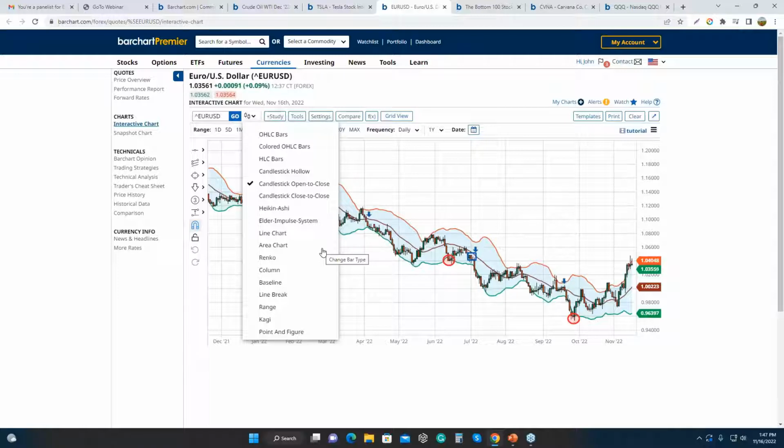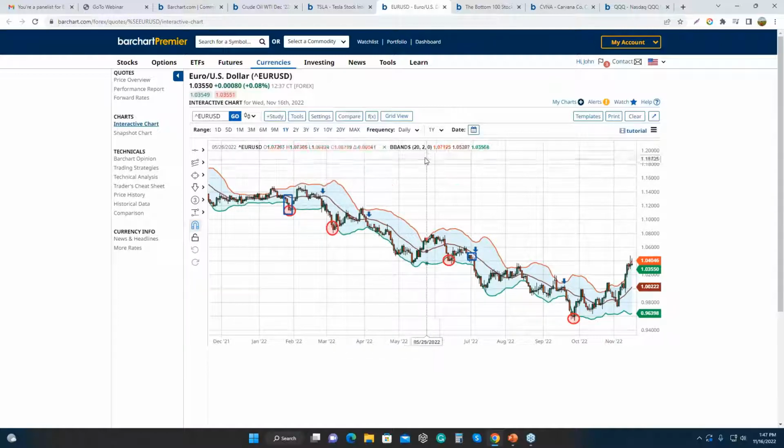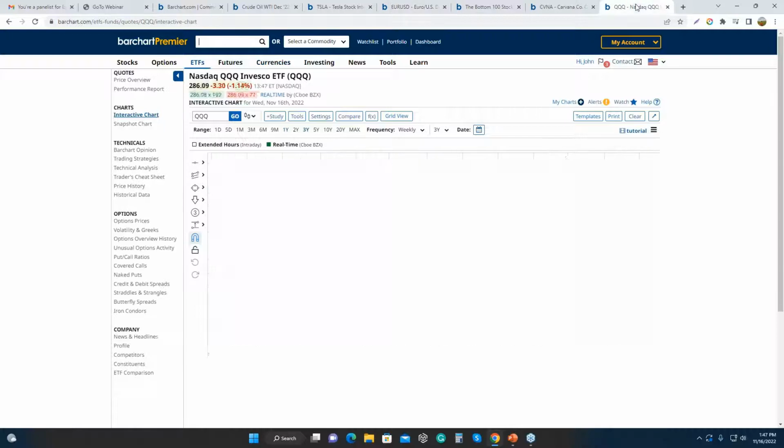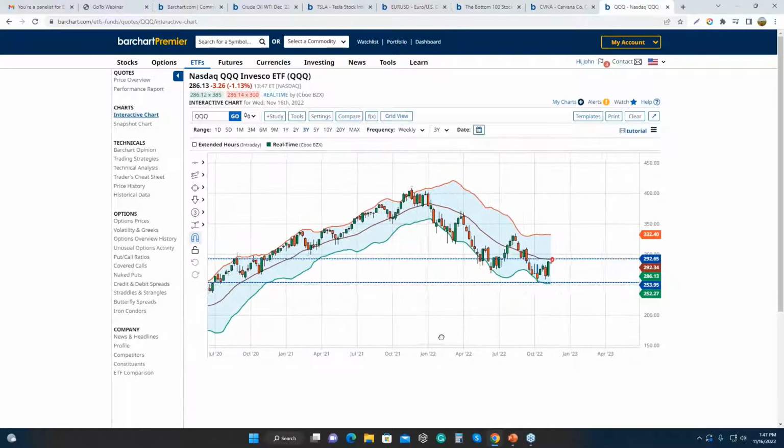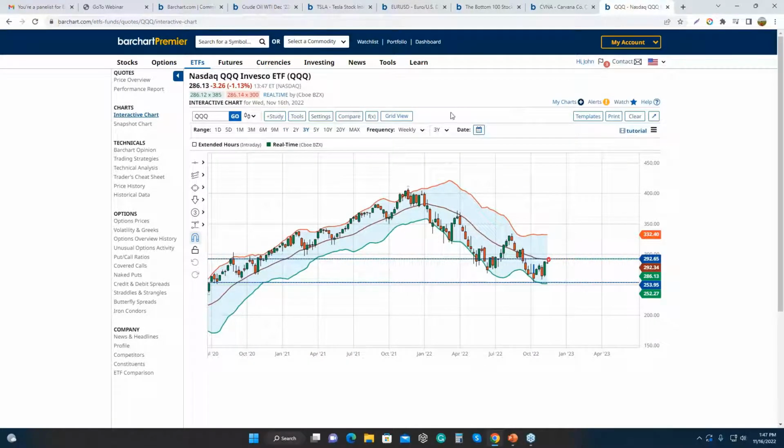Now, the way I use ATR is really as a measuring stick of where I think price can go for that one particular day. Let's do our process. Here we are on a weekly on the Qs, and what's our trend?